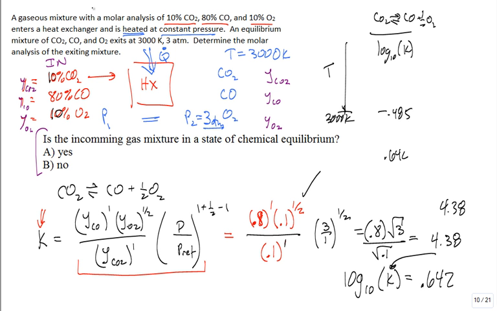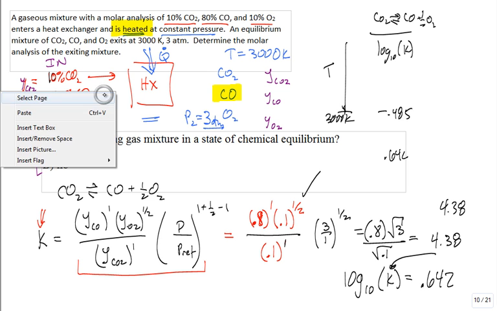And it's coming into this heat exchanger to be heated, not to be cooled. So in order for it to have been in equilibrium, it would need to be 4,000 or 5,000 degrees K or something, beyond our table. There's no way. Basically, CO doesn't like to exist by itself, especially at low temperatures.